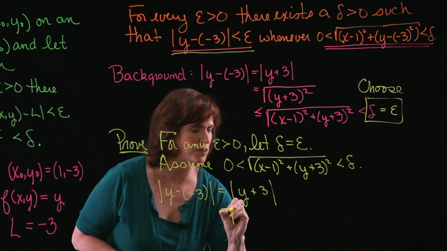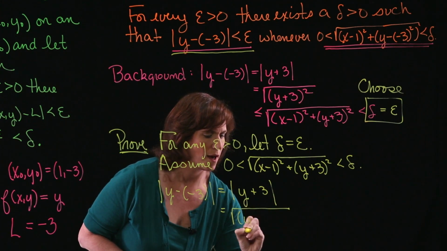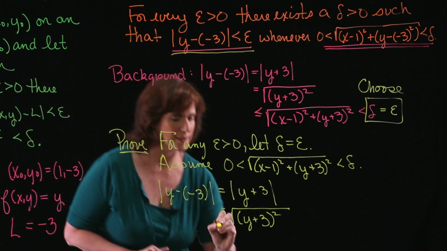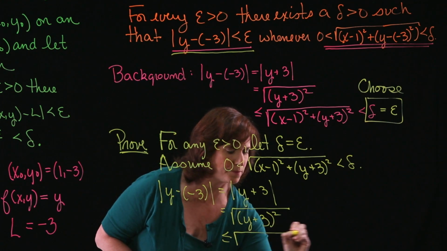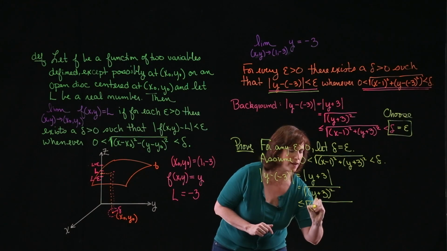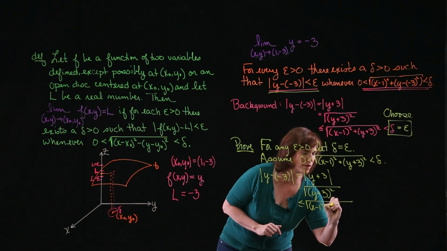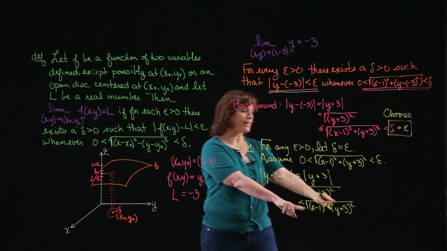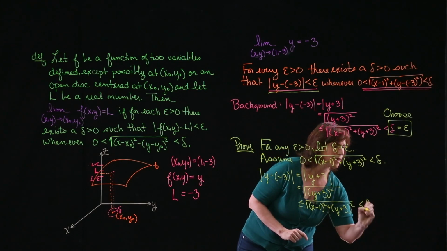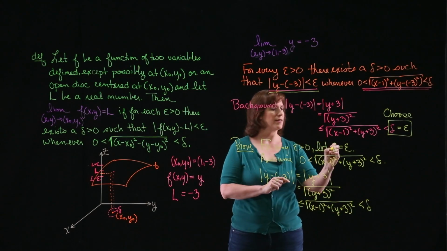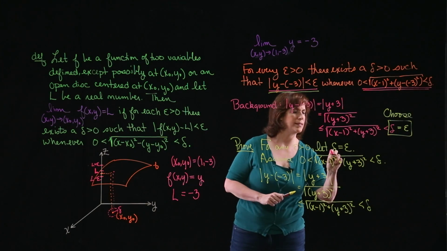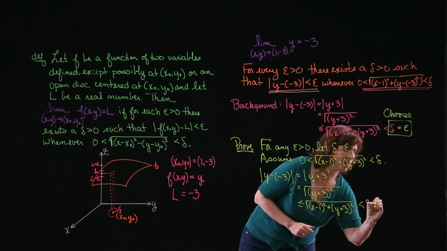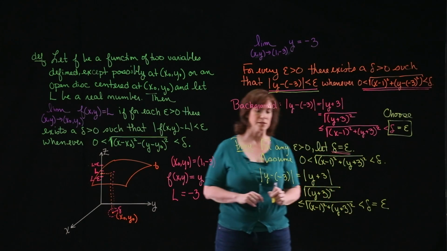This is equal to the square root of (y plus 3) quantity squared, which is less than or equal to the square root of (x minus 1) quantity squared plus (y plus 3) quantity squared. And this statement is less than delta. And because we said that delta and epsilon were going to be the same thing, this is equal to epsilon.